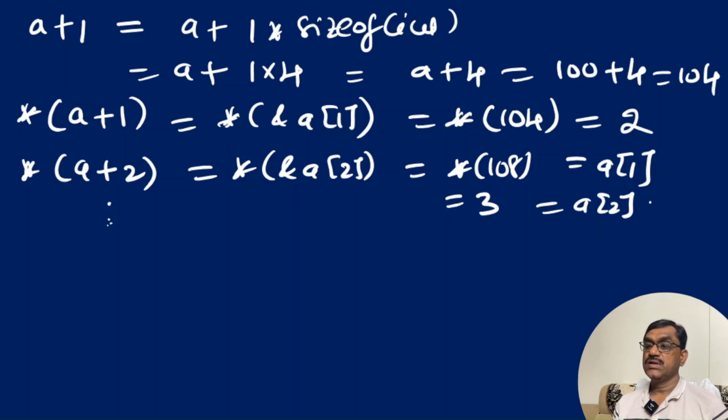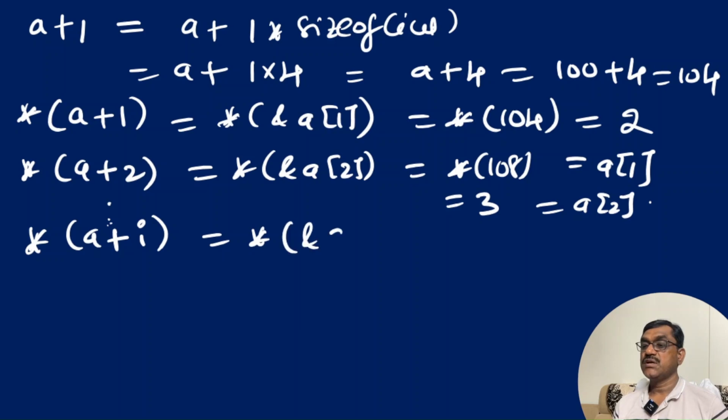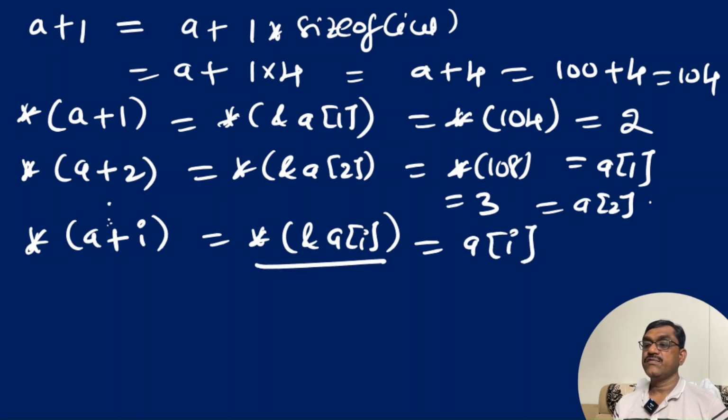The general scenario here I am writing is star of A plus I is equals to star of ampersand of A of I, that equals to A of I. Here also we are getting the same value. In 3 ways we can denote this.